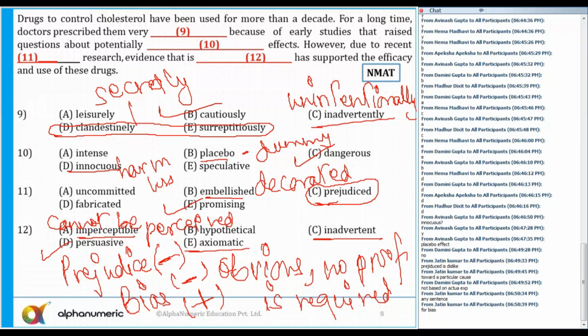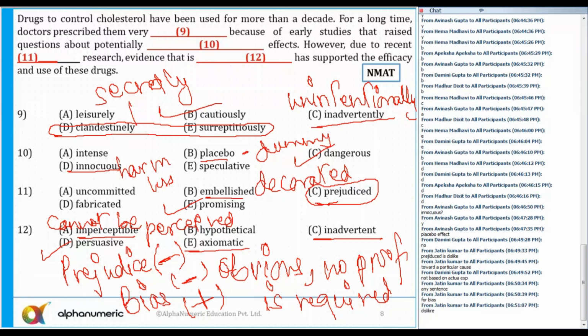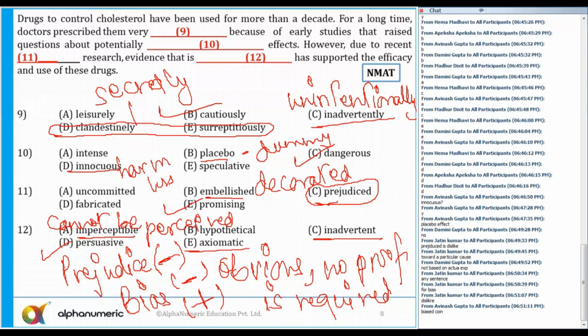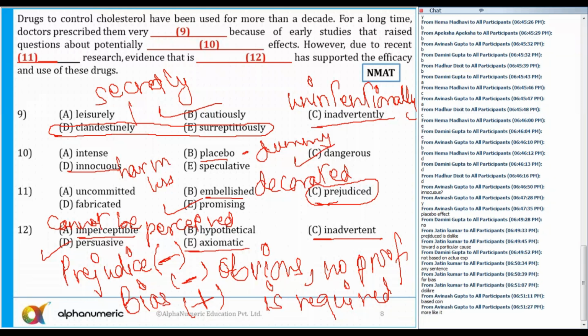When the bias is against someone, you don't like it. Yes. I'm biased towards rasgullas. For example, if I'm biased towards rasgullas, that means what? I favor rasgullas. If you keep all the sweets in front of me, I'm going to pick up rasgullas. I'm not going to pick up other stuff. Yes, I like it absolutely.